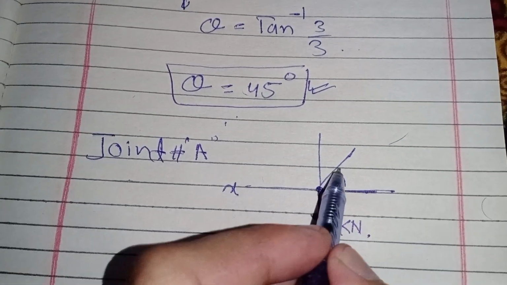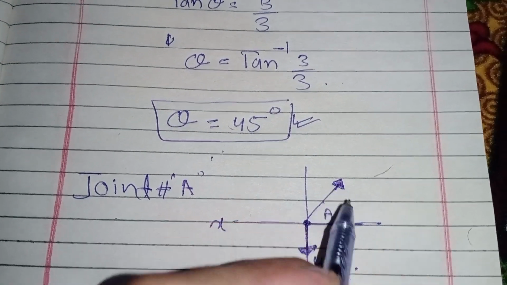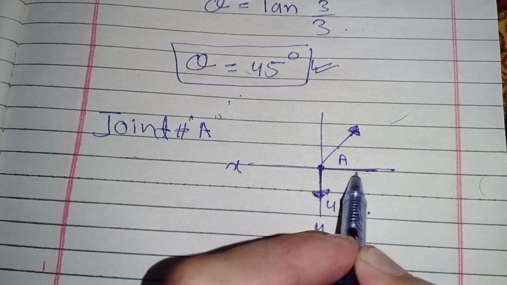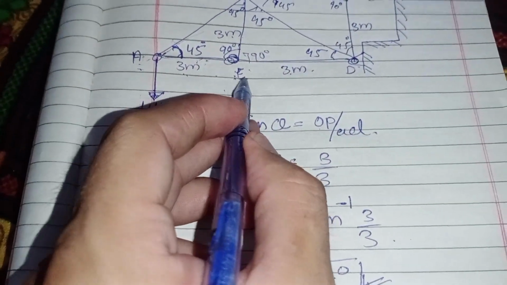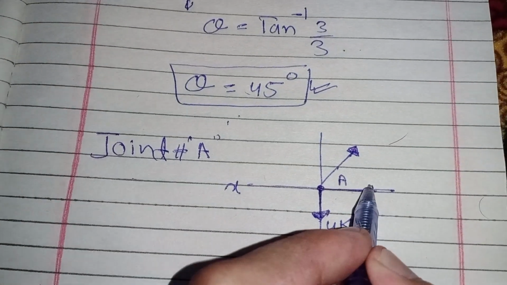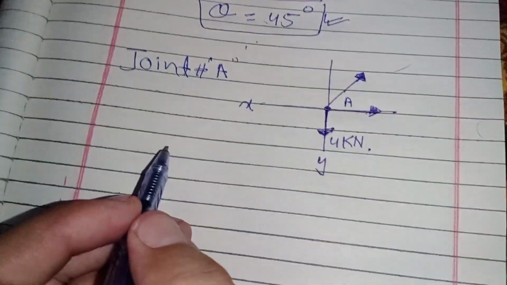I assume that the force in member AB is in tension, and the force in member AE also in tension.